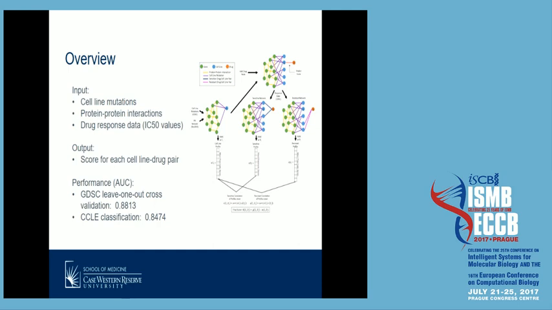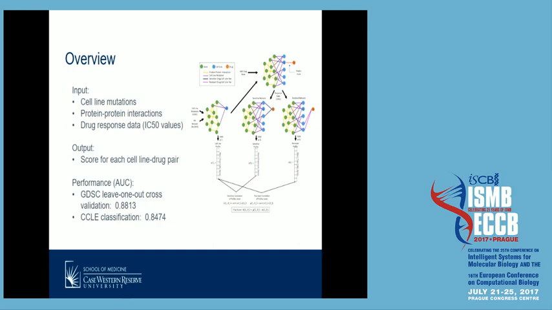How we approached this was to use cell line mutations, which haven't necessarily been the best predictors before. Usually gene expression is used, but we try to overcome this by using protein-protein interactions. So immediately we add functional context to the features that we use in our predictive model, and we incorporate this with drug response data from a large cancer cell line data set, in terms of a large heterogeneous network.